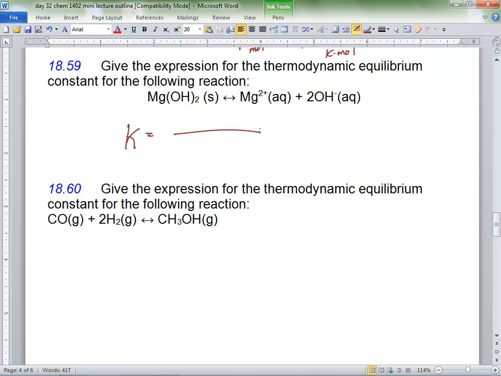Products over reactants. Exactly. Products over reactants.